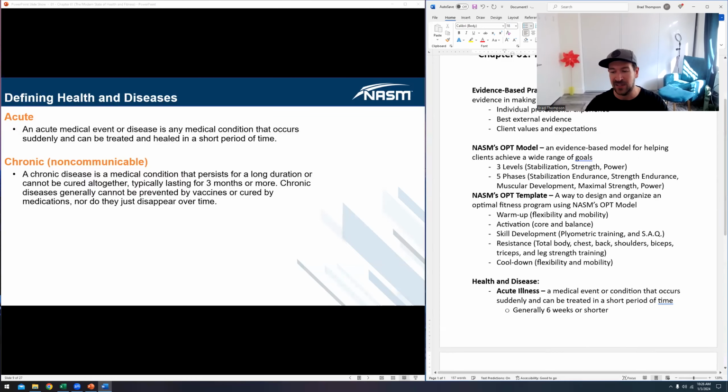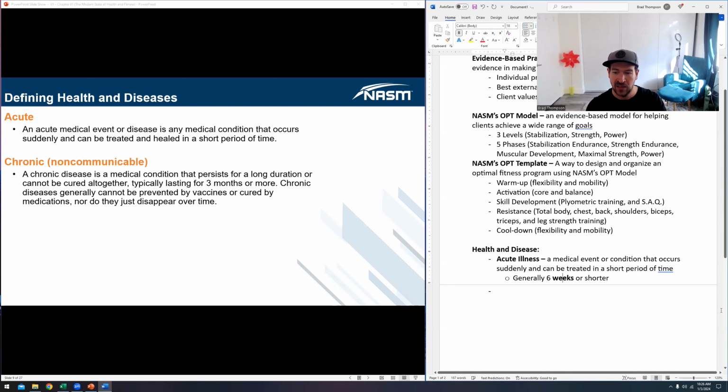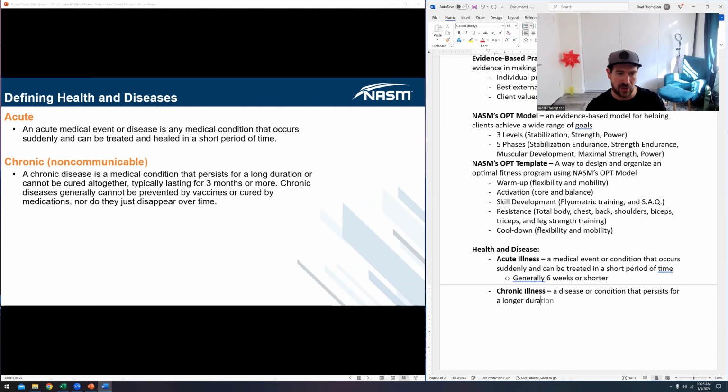But chronic injuries, these are the ones we are more worried about. This is what we are trying to avoid. Chronic illness we're going to define as a disease or condition that persists for a longer duration, generally 3 months or longer.